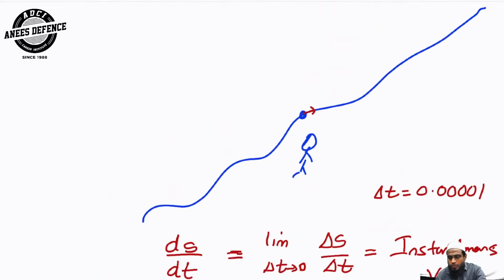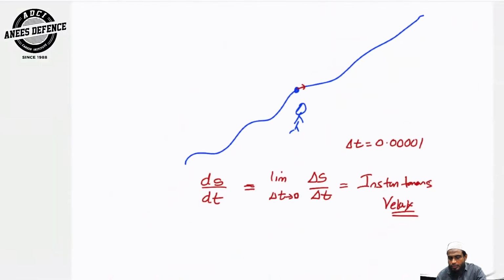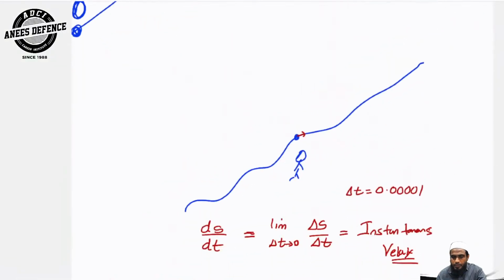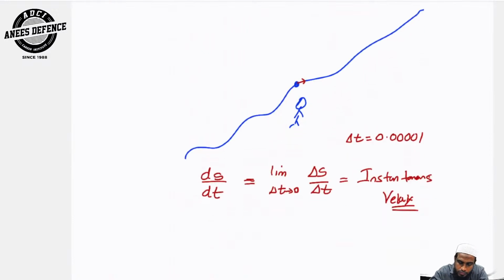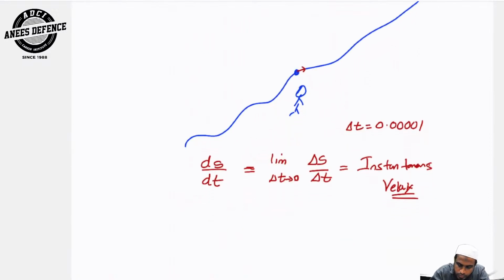So that limiting case is very important. That is why I have written limit delta t tending to 0, not 0 but almost approaching 0.